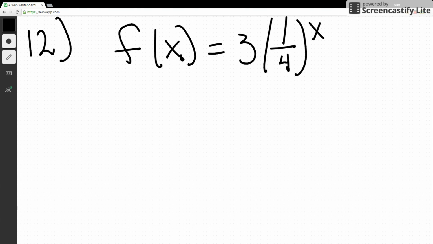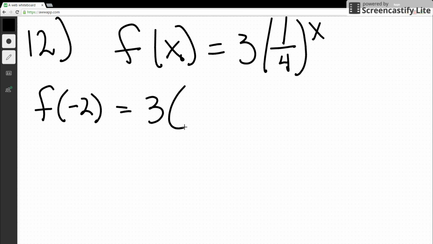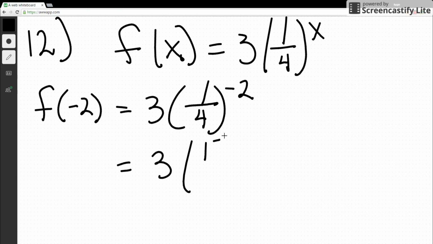They basically want me to plug in up here and then work all these out. So I'll just do the first couple. So it says f of x equals -2. So if I was to work this one out, it'd be 3 times 1 over 4 to the -2. That equals 1 to the -2 over 4 to the -2.